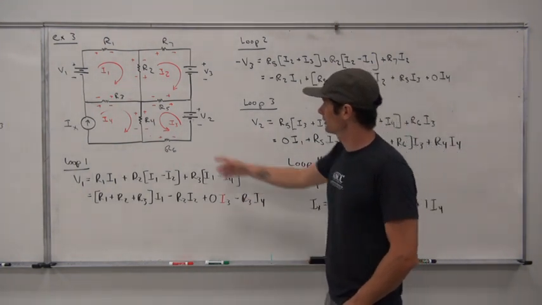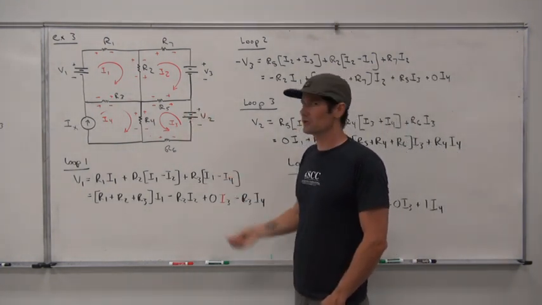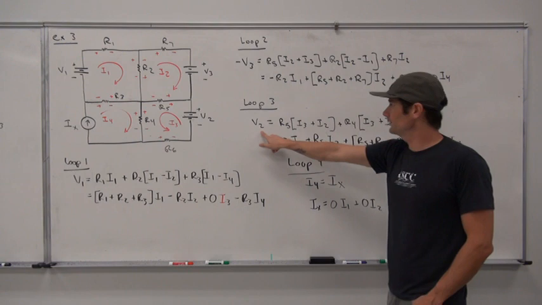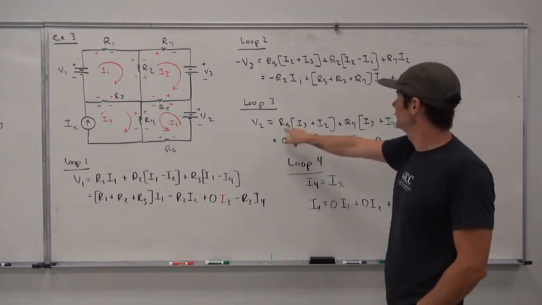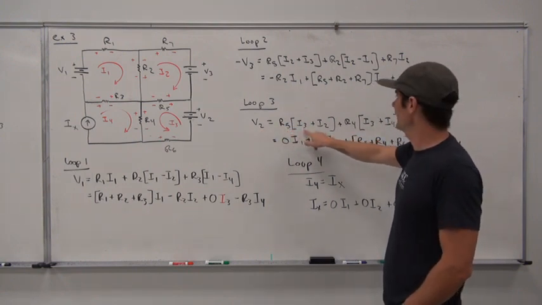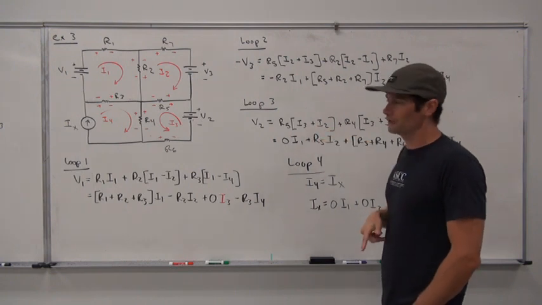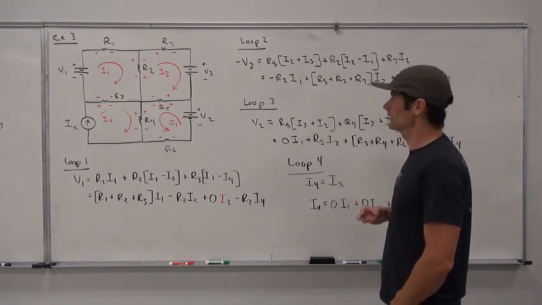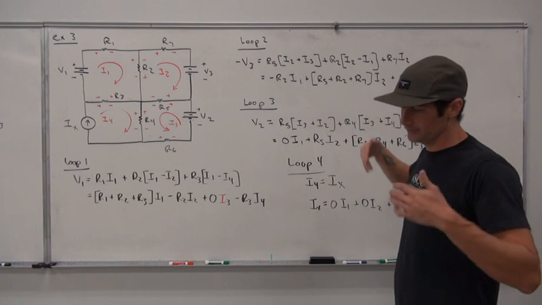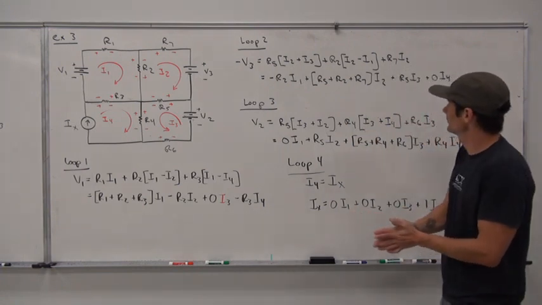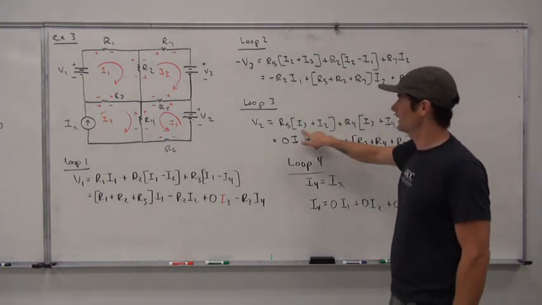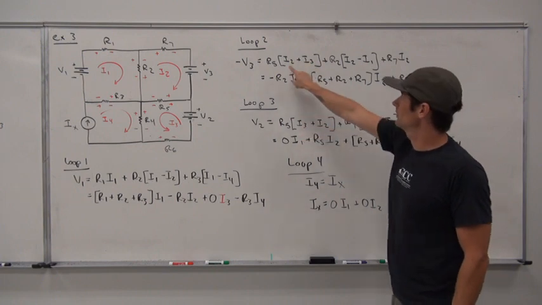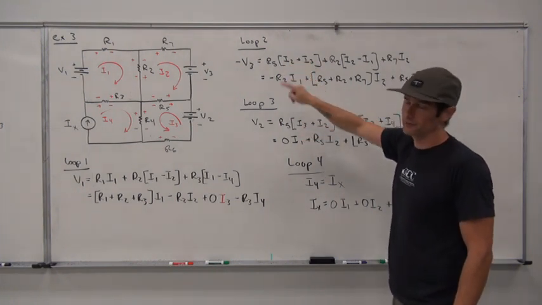Let's take a look at loop 3. Here, loop 3, that current's coming out of the positive terminal of our source. So we're going to have V2, and that's going to be equal to R5 times I3 plus I2. Yep, that makes sense because I3 and I2 are once again flowing together with each other. But notice once again I put I3 first here, compared to up here at loop 2, I put I2 first.